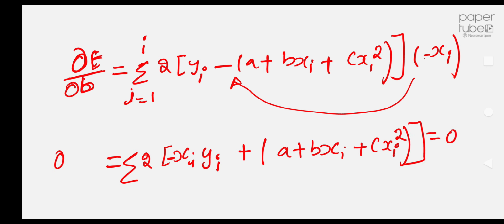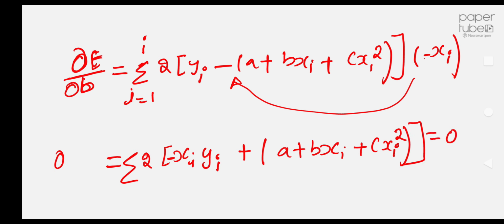So 0 by 2 becomes 0. So the summation of xi yi equals a plus b summation of xi plus c summation of xi².